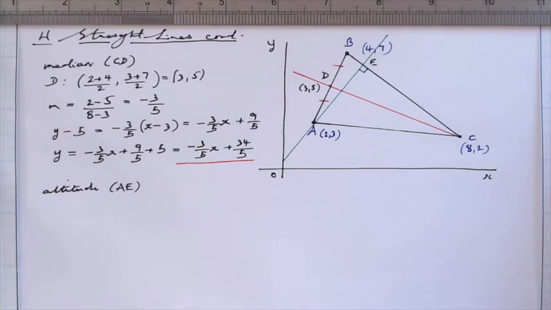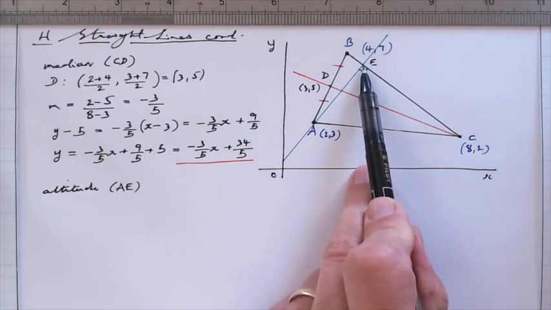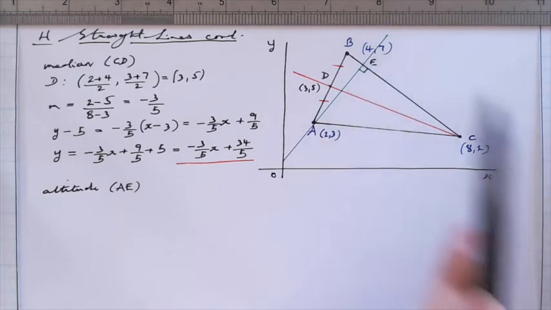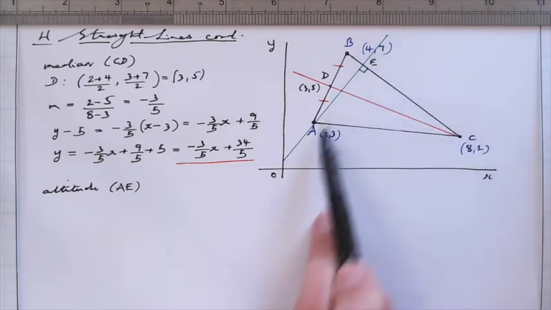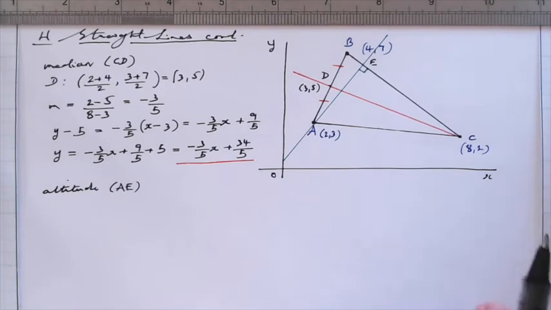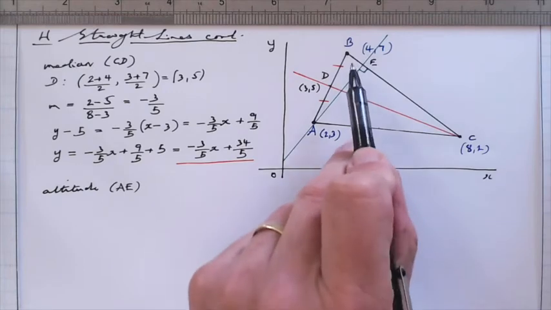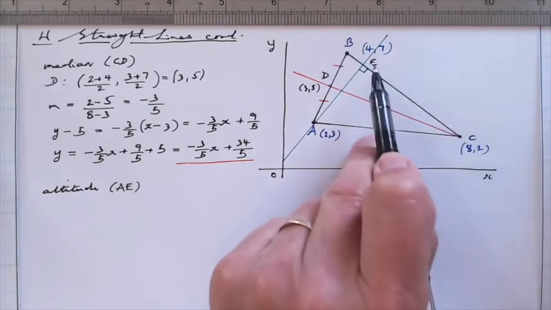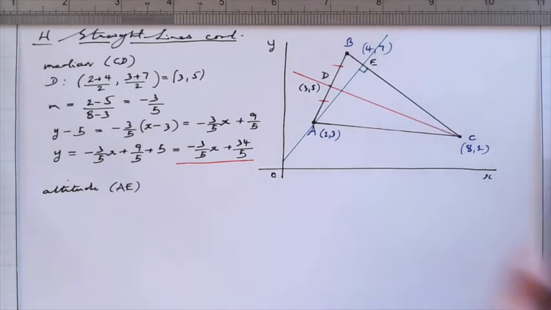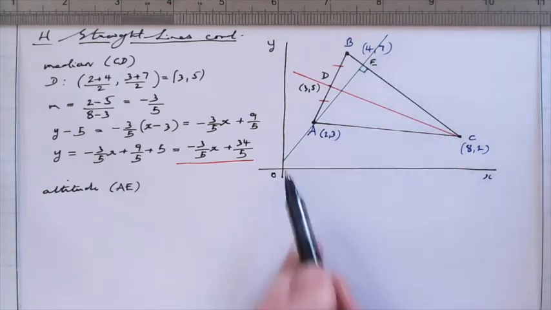Now, interestingly here, we don't know this point, and it's not going to be easy to get that point, but we can work out the slope of this line AE using the property of perpendicular lines, namely that the product of their slopes is -1. So if we calculate the slope of BC first, then we can immediately infer the slope of AE, and then we're on our way because we have that point A. We can easily get the equation of this straight line.